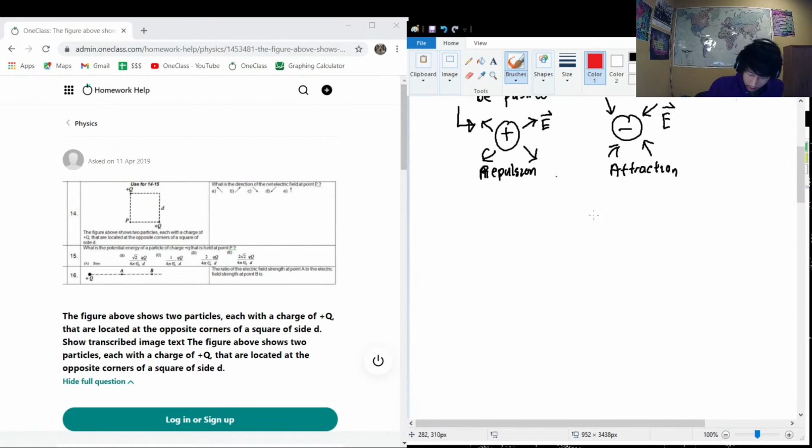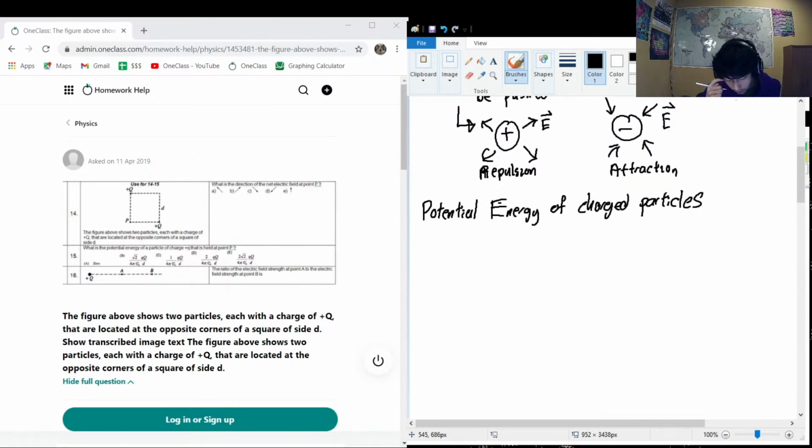Okay, so let's talk about potential energy of charged particles. The potential energy of charged particles is as follows. The equation, we use the letter U often for potential and E for the electric potential energy, because this is all coming from the electric force.